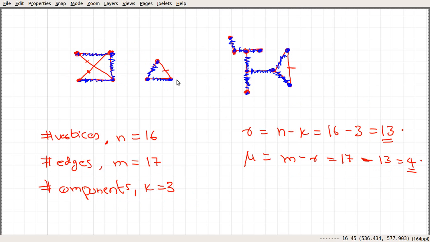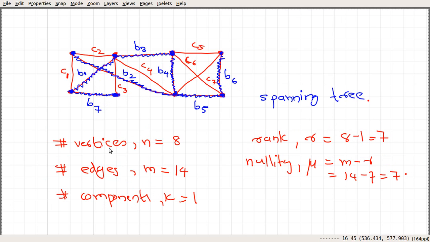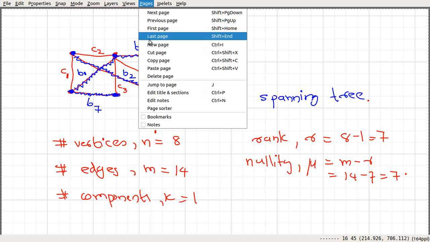And here again we can observe some more things. As I said, the rank of G is the number of branches in any spanning tree. Let me write it down.